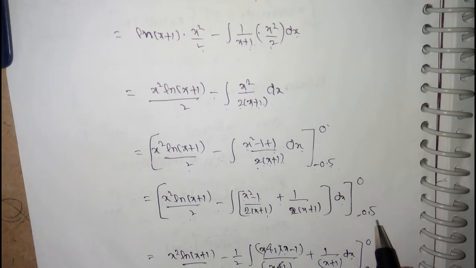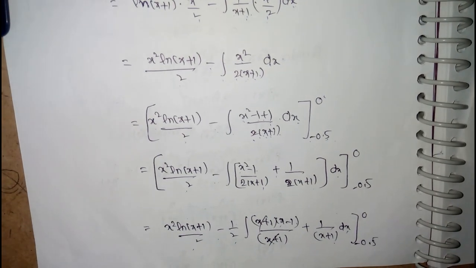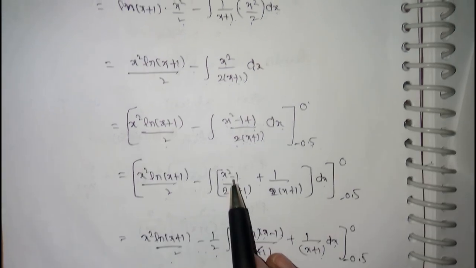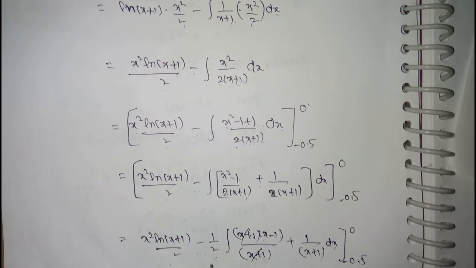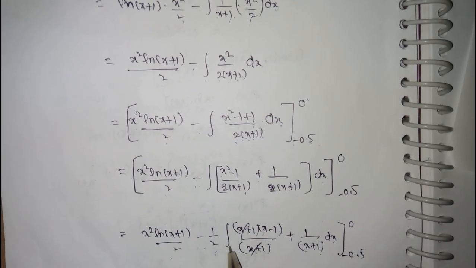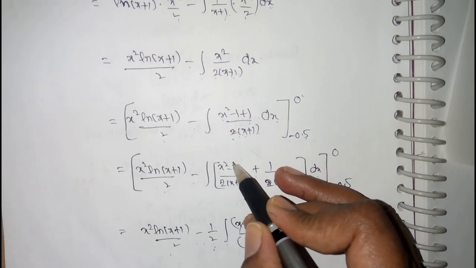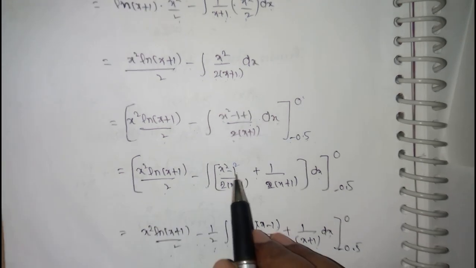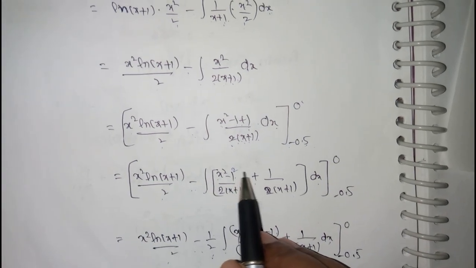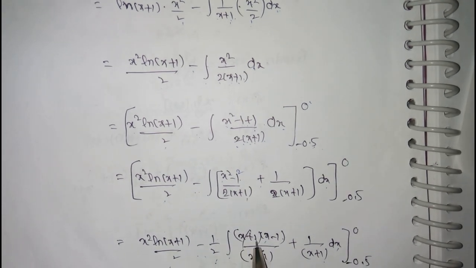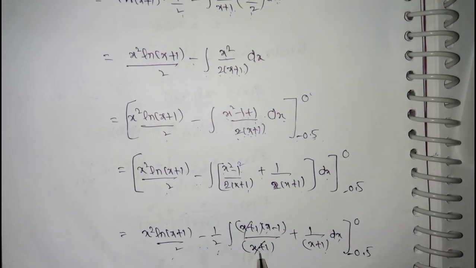Next, write the limits -0.5 to 0. x square ln(x + 1) by 2 minus 1/2 common taken out, 1/2 times the integration of (x square minus 1) over (x + 1) plus 1/(x + 1). Here x square minus 1 square is in the form a square minus b square, that is (a - b)(a + b). Similarly, x square minus 1 square equals (x + 1)(x - 1) by (x + 1).